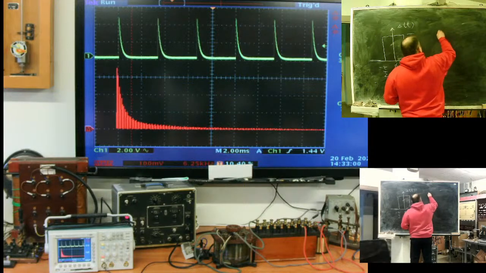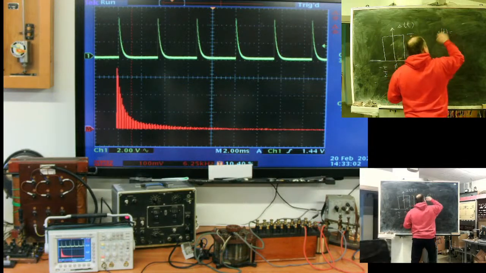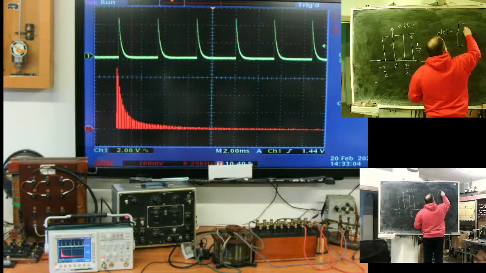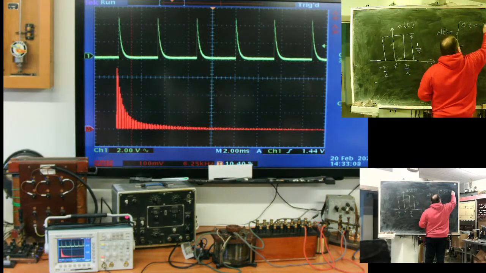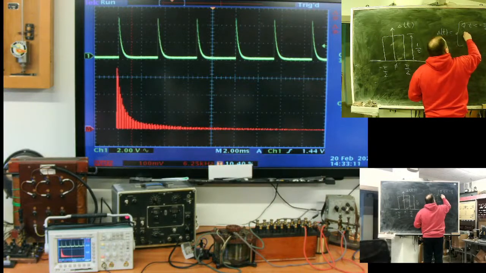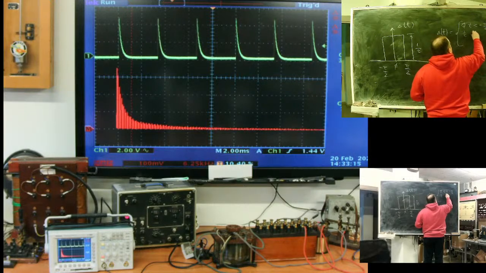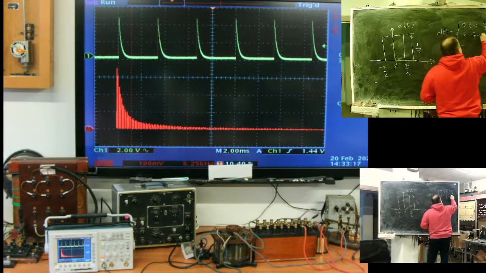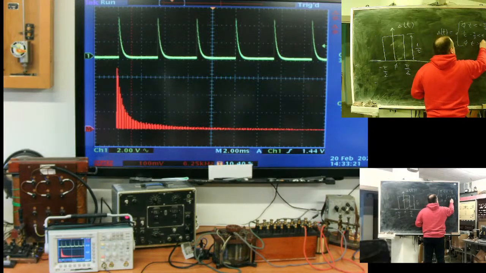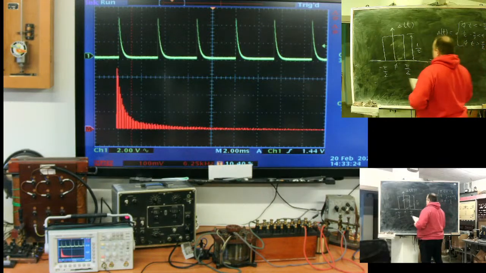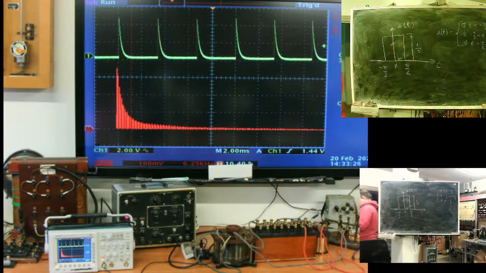So it is 0 when time is less than minus tau by half, 1 over tau between, and 0 when time is greater than tau by half.